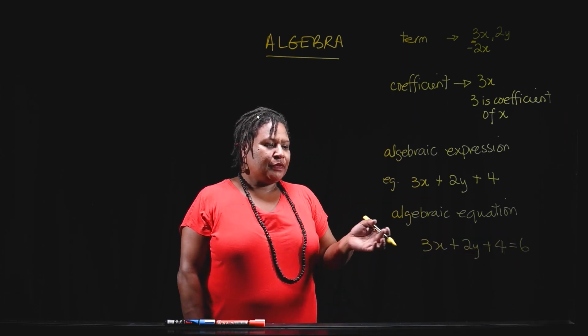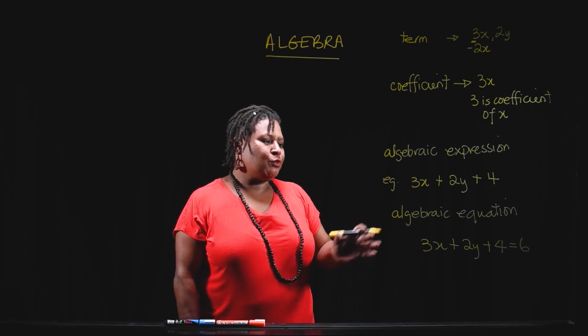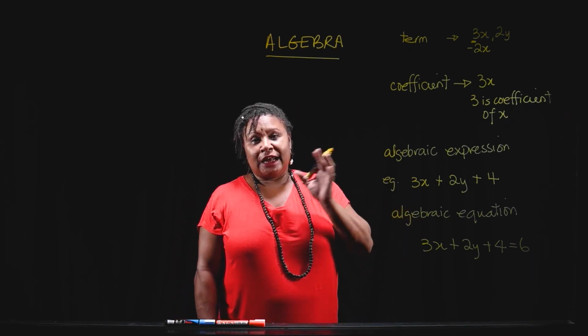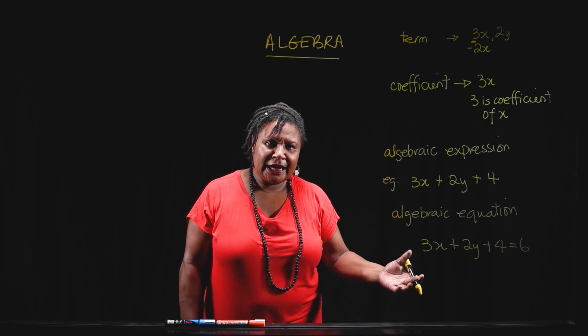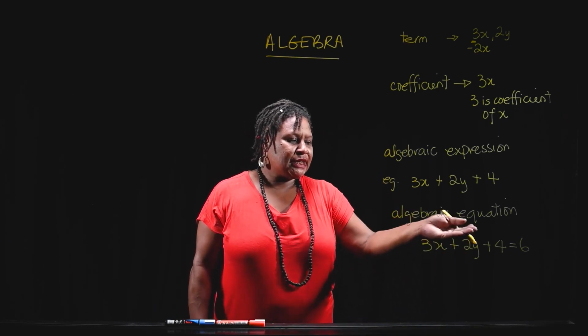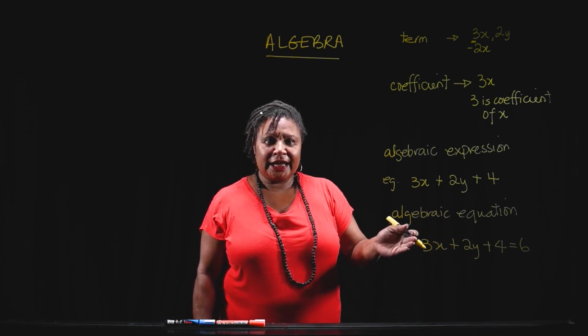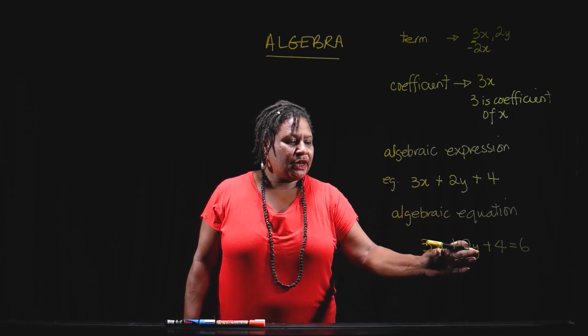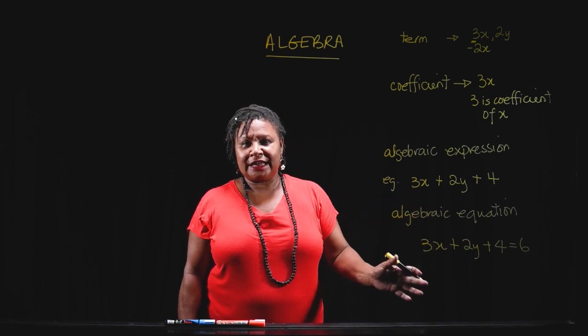Now, another thing we should remember is like terms and unlike terms. If you look at our equation, 3x and 2y are unlike terms because x and y are not the same.